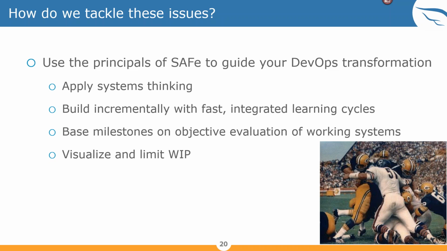Some of the other principles that you see here are, again, to build incrementally. That's for your DevOps organization, the same way that we would be preaching that for your actual applications that you're building. Create these milestones and do them in an objective way, in terms of what the best milestones are to base on the working systems you're trying to do. And then limit your work in progress.